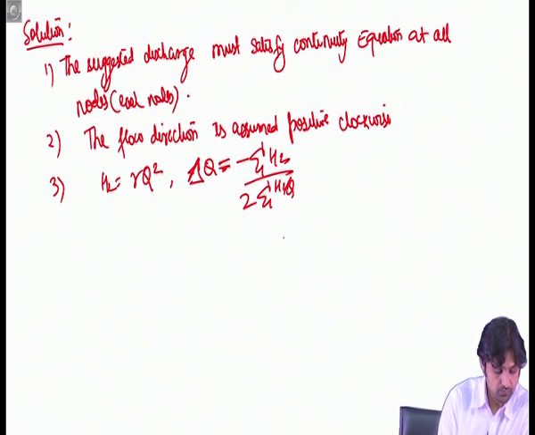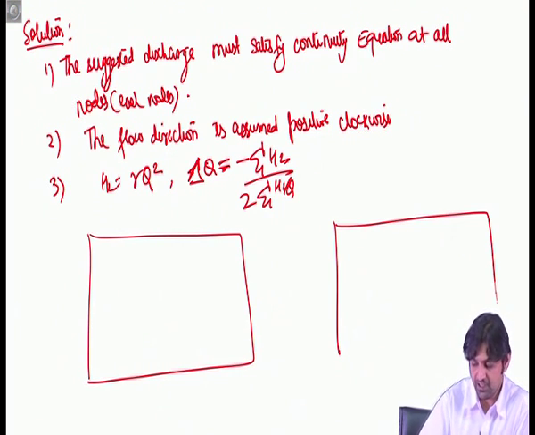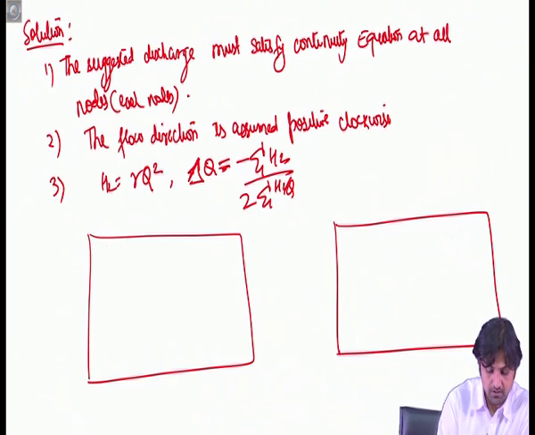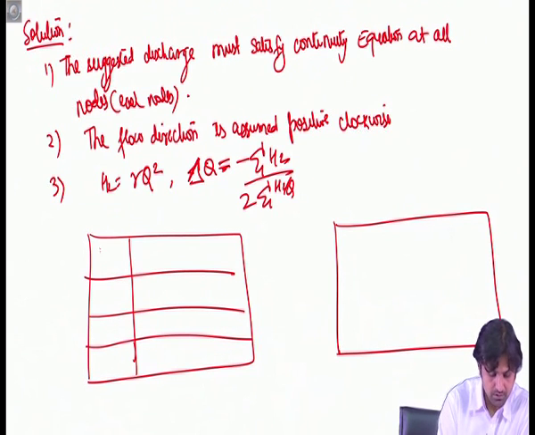So we have to make tables like these for both the loops. I am just laying out the procedure here. So the lines here will be AB, BC, CA.